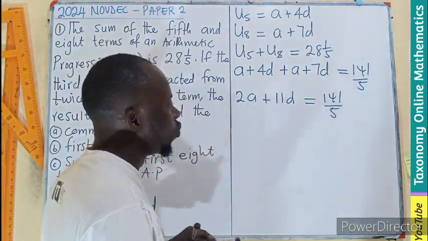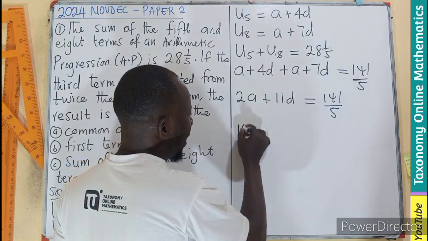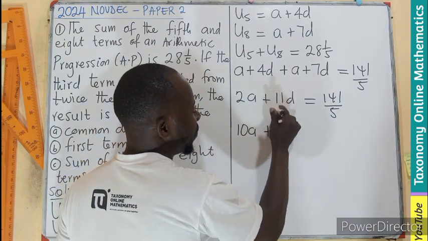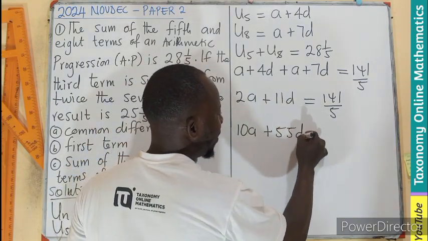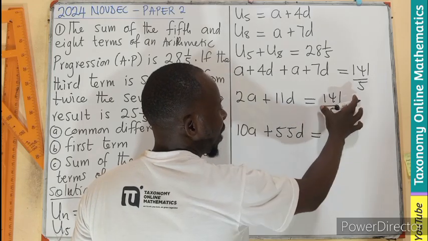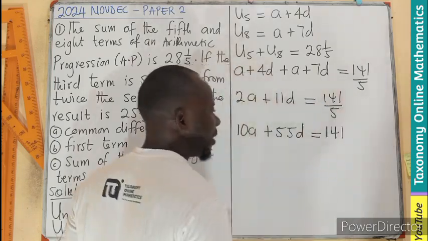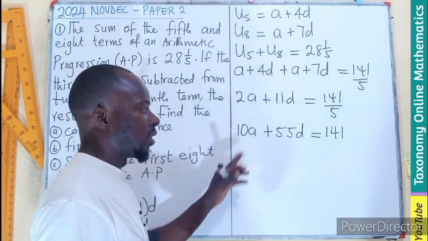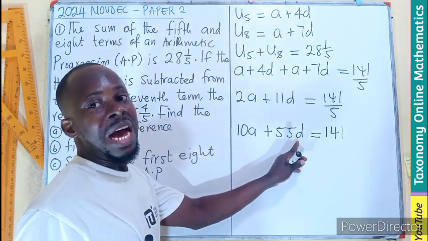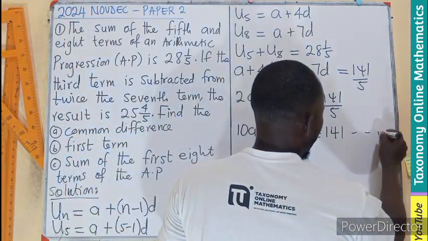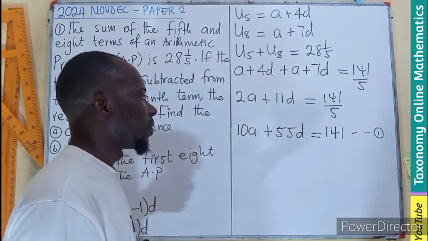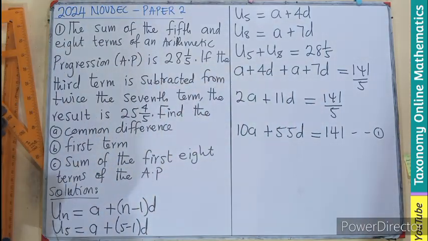So 5 times 2A is 10A, 5 times 11D is 55D, equals 141, as the 5 cancels. A and D are unknown, so we leave this as our first equation.